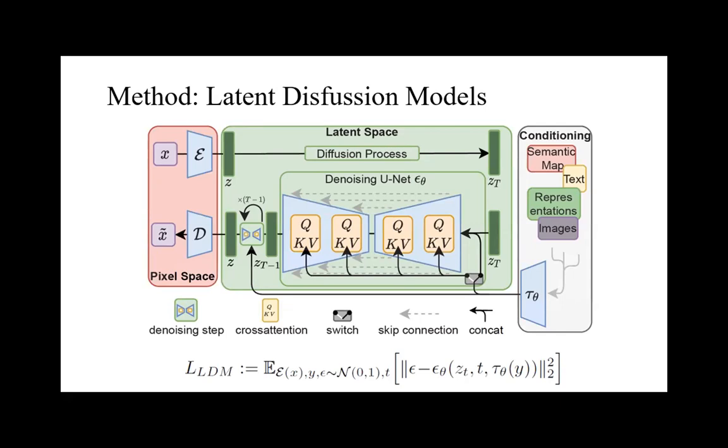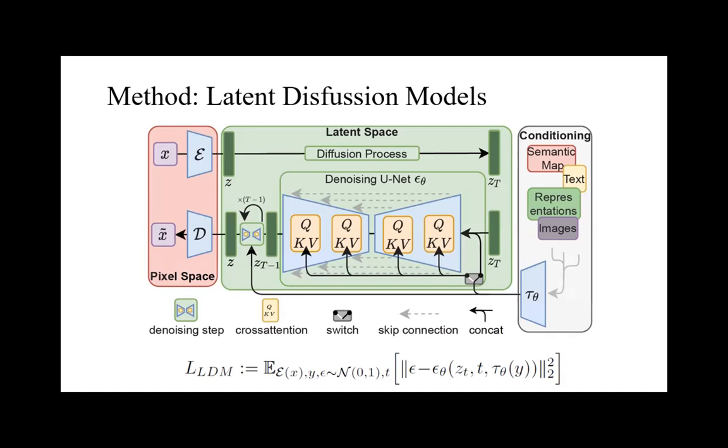So what we do is take this condition, pass it through the domain-specific encoder, and we get some representation that I can inject in every step of the attention mechanism through my UNet.